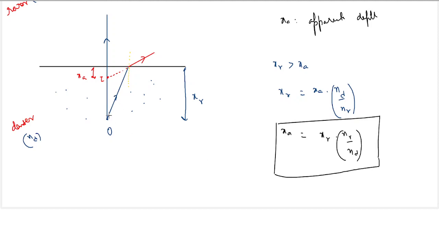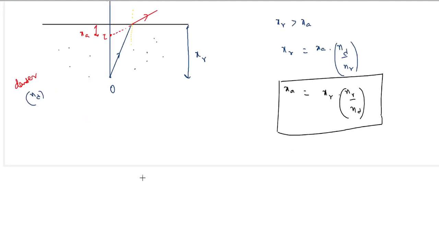Now the object appears to be shifted by some distance. So this OI is called the normal shift. So normal shift, which I write as NS, is equal to x real minus x apparent.